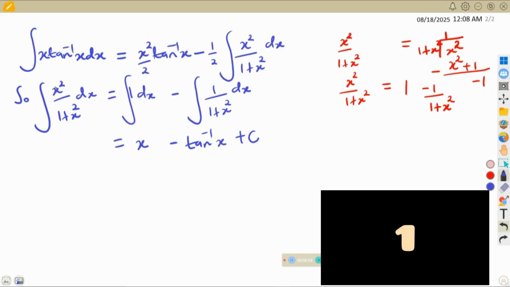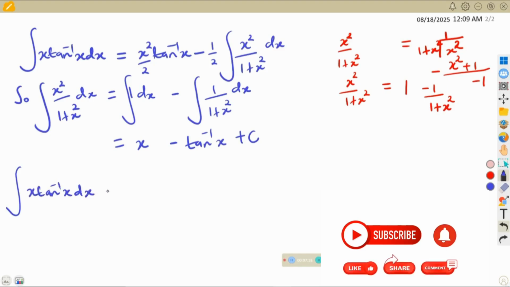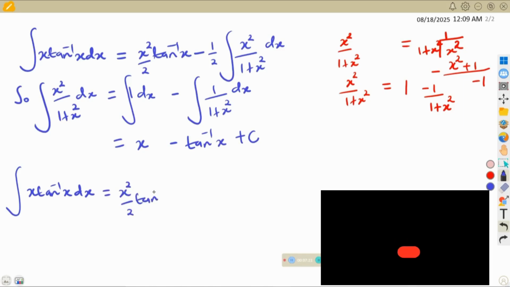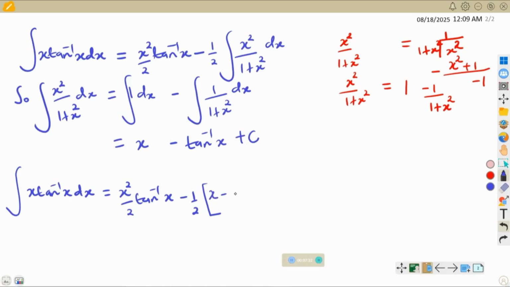So for what I've got for this integral, I substitute it in my major integral. The integral of x tan inverse x dx is equal to x squared divided by 2 tan inverse x minus a half, where I have the integral, I substitute what I've got, which is x minus tan inverse of x, then plus a constant c.